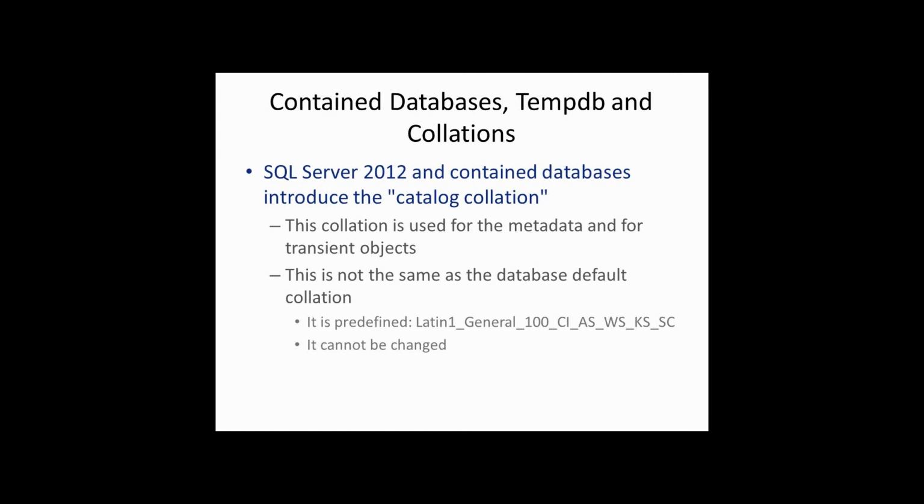And that's used for the metadata and for transient objects. Now, it's not the same as your database collation. The database collation is whatever you choose. You don't get any choice of the collation for the catalog collation. It's predefined, and it cannot be changed.